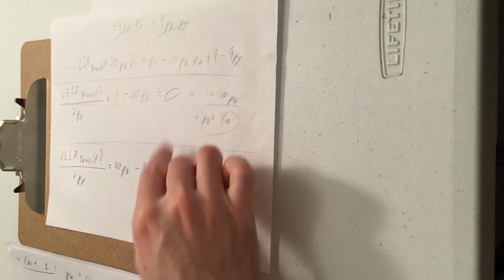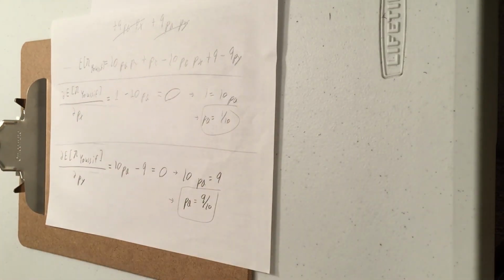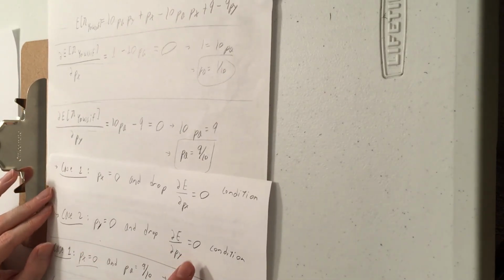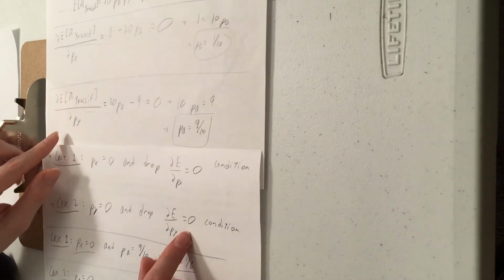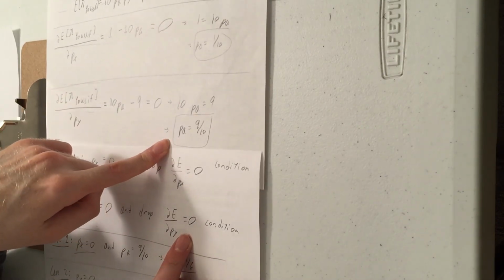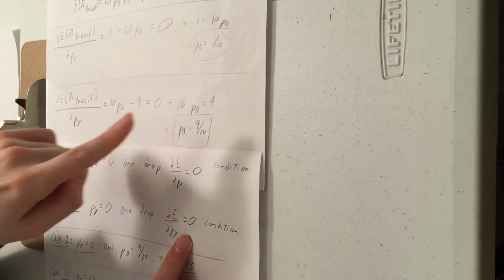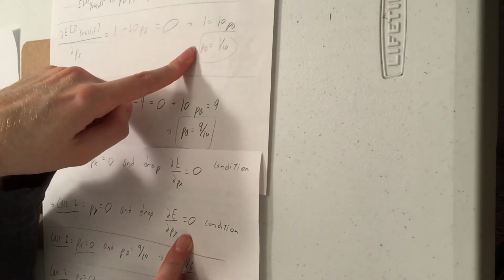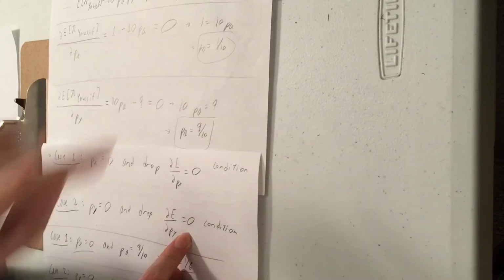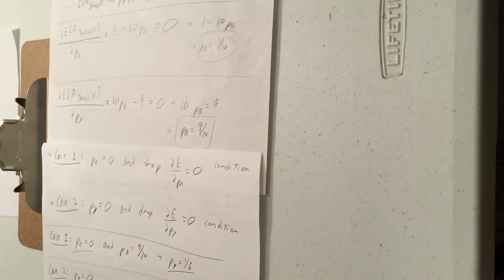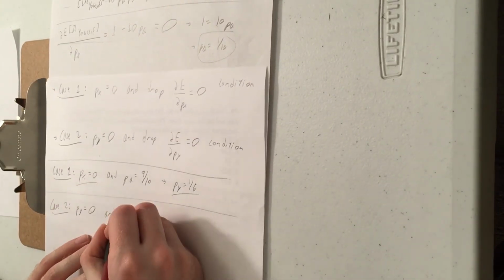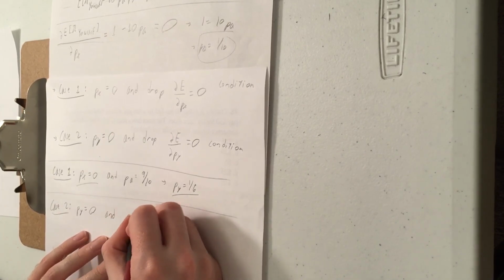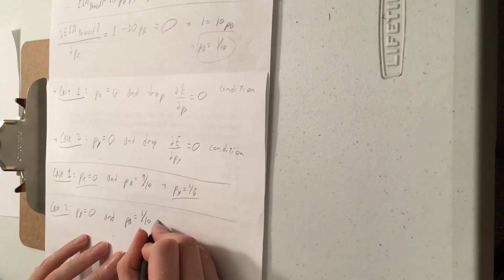So we have these two conditions, and in case 2, we're going to drop the second one here. We're getting rid of it, so we're going to keep the other one instead. And the other condition said PA is going to be 1/10.